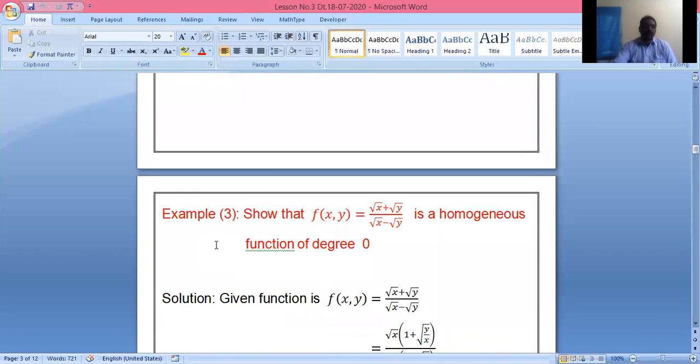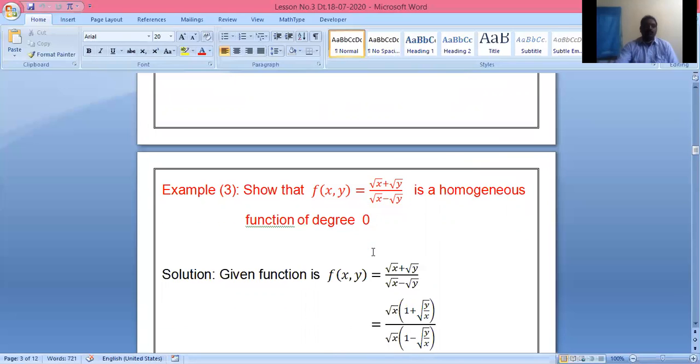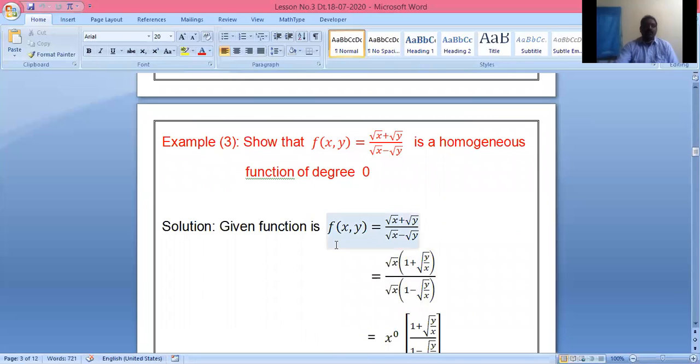Now we take another example. Show that f of x comma y is equal to root x plus root y by root x minus root y is a homogeneous function of degree 0. Here the given function is f of x comma y equal to root x plus root y by root x minus root y.